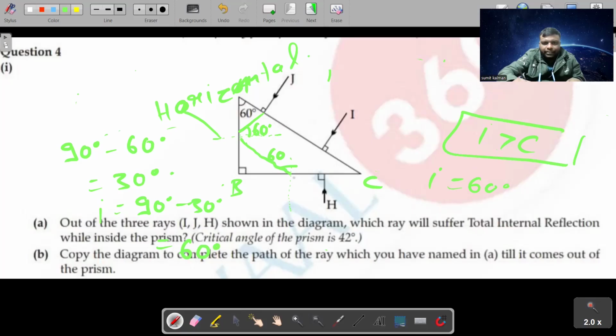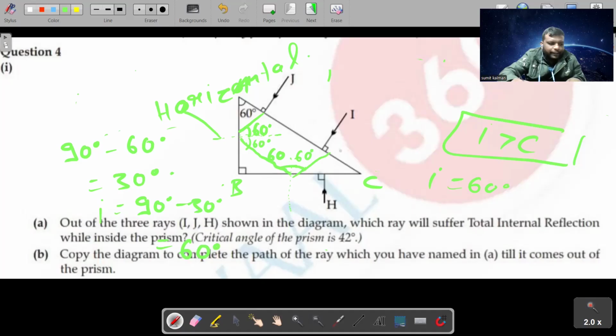So it will reflect with the same angle, that is 60 degree. Here angle of reflection will be equal to angle of incidence according to the law of reflection.